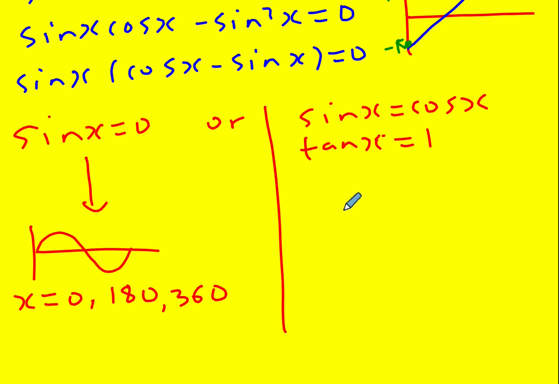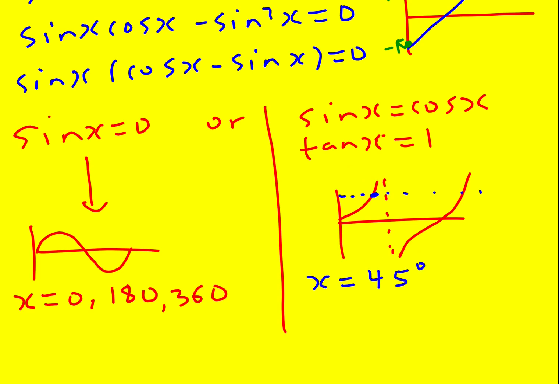For tan x equals 1, we're going to get a value here, and actually it's x equals 45 degrees. That's when you need to know your exact trig values. Or add 180, because tan is periodic about 180, so it's also 225 degrees.